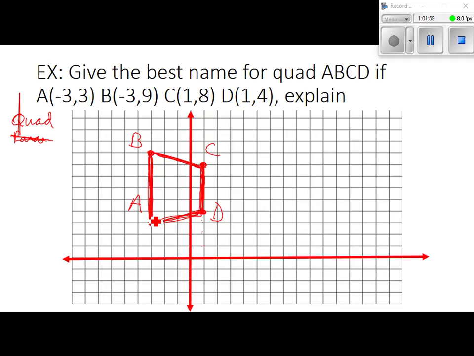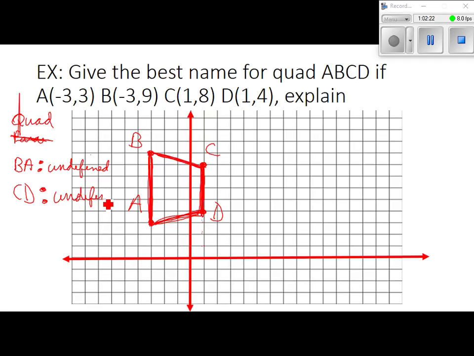The slope of this, since it's a vertical line, the slope of BA or AB is undefined. It doesn't have a slope because it's a vertical segment. The slope of CD, it's vertical also, so it's undefined.